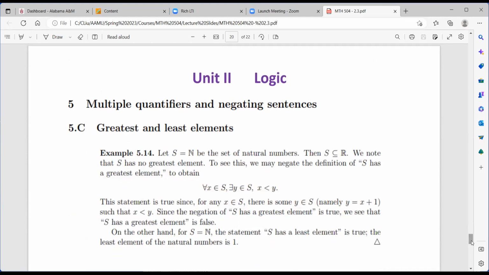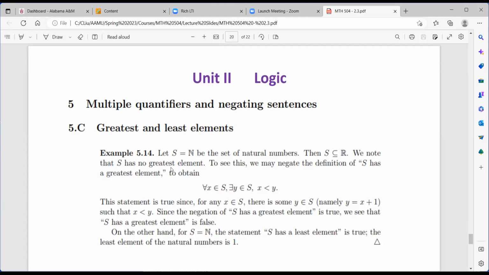So let's just do some examples. Suppose S is the set of natural numbers, so it's a subset of real numbers. All right. So obviously, this set does not have a greatest element. You have all the positive integers, right?